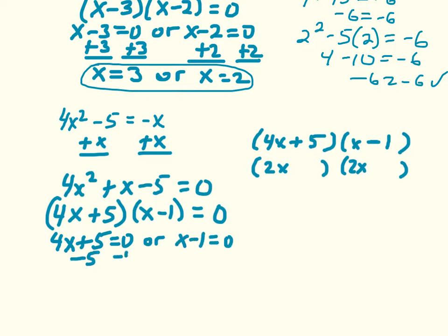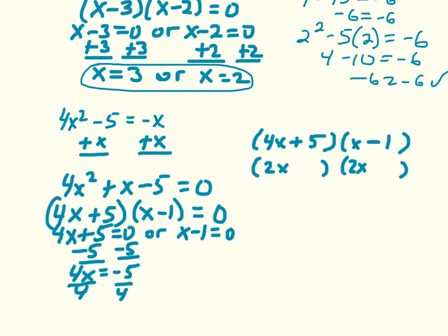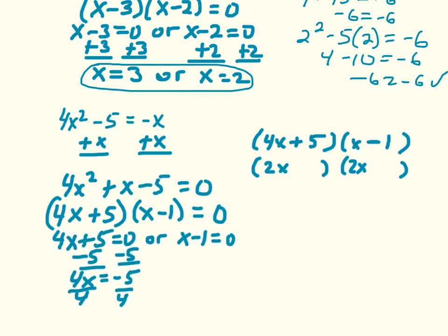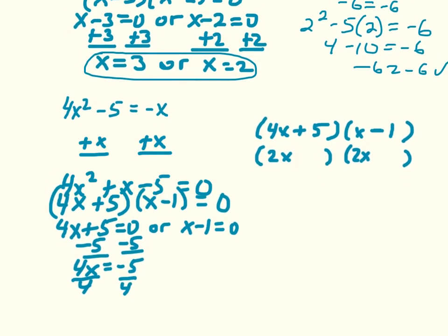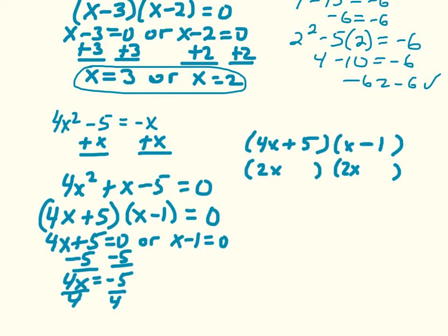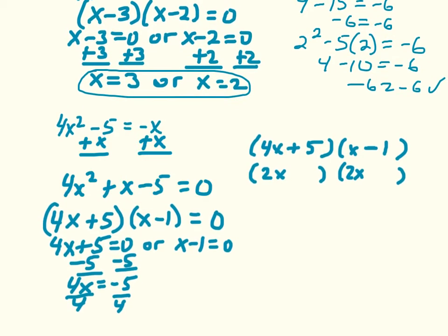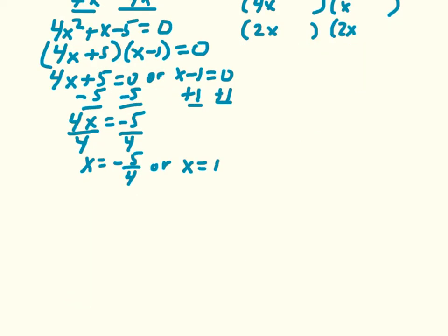Subtract 5, and I've got 4x equals negative 5, divide by 4, so let me slide this up a little bit. So I'll check now with x equals negative 5/4.